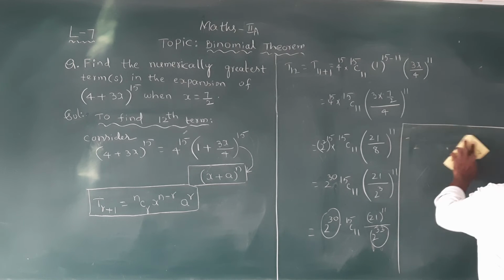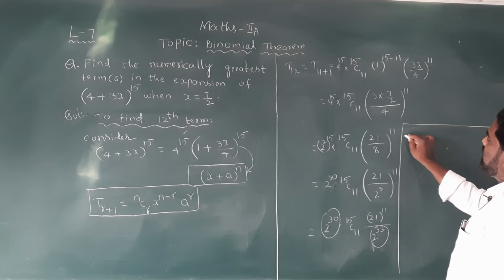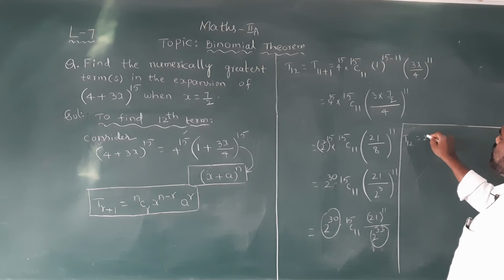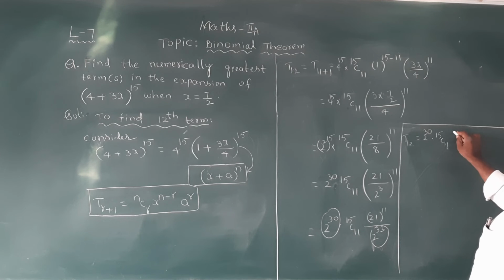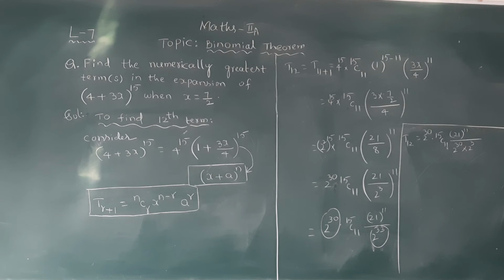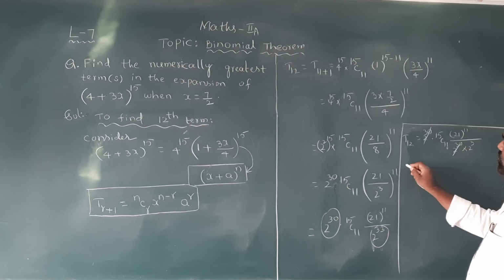We can write one more step like this: 2 power 30 into 15C11, 21 power 11 by 2 power 30 into 2 power 3. Equal bases, we add the powers. So then what gets cancelled? 30 and 30 get cancelled.